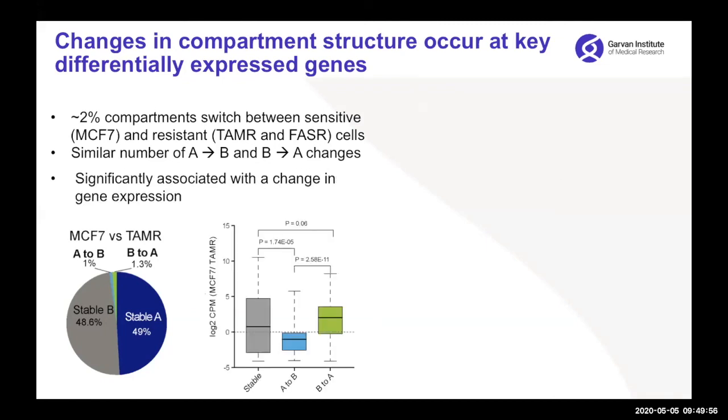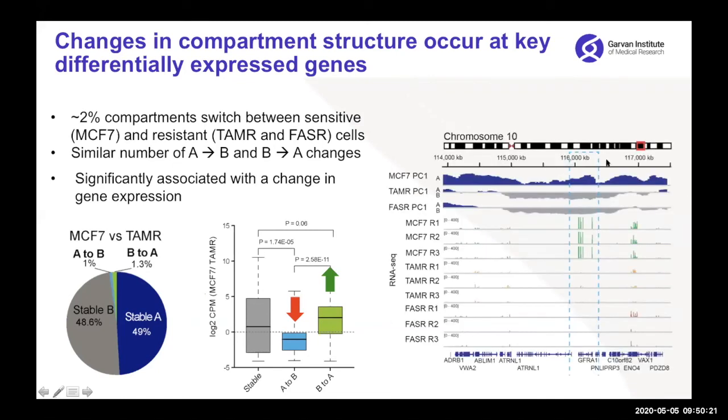We observed that these changes in compartments was significantly associated with a change in gene expression, where we saw that if a compartment changed from active A to inactive B, we saw a general downregulation of gene expression. And if a compartment changed from B to A, we saw upregulation of gene expression.